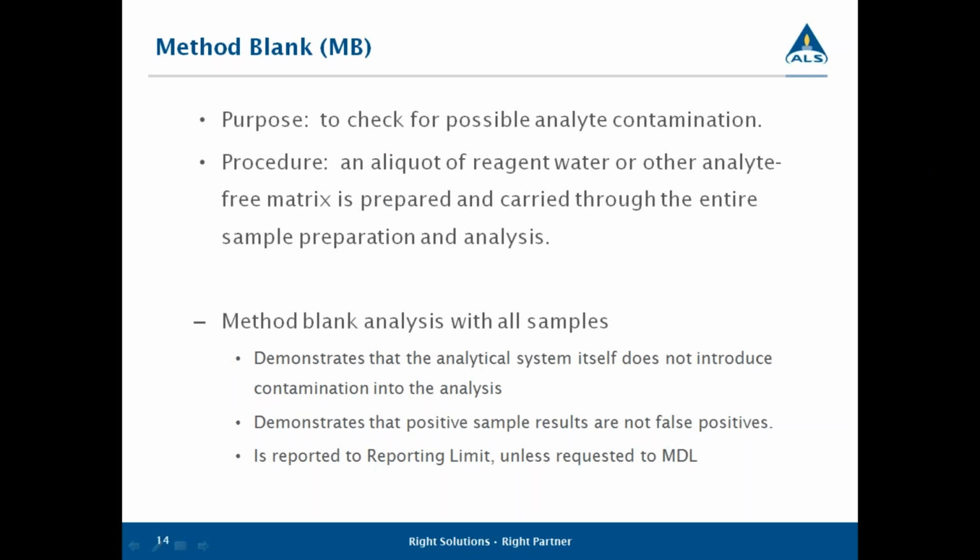It demonstrates that the analytical system itself does not introduce contamination into the analysis, and that any positive sample results are not false positives. And in general, we report the method blank to the method reporting limit unless there's a specific request to report to the MDL.